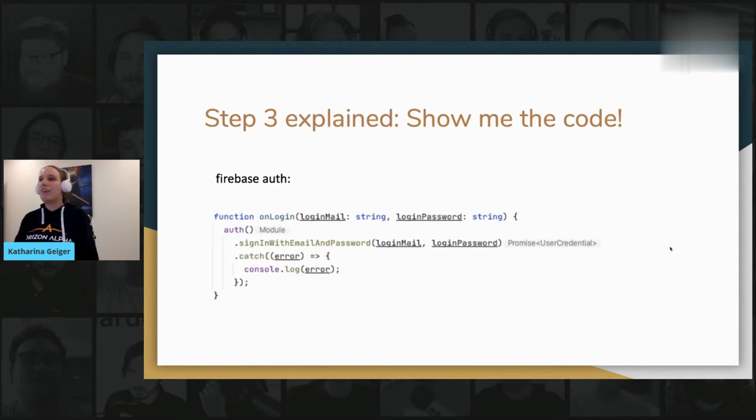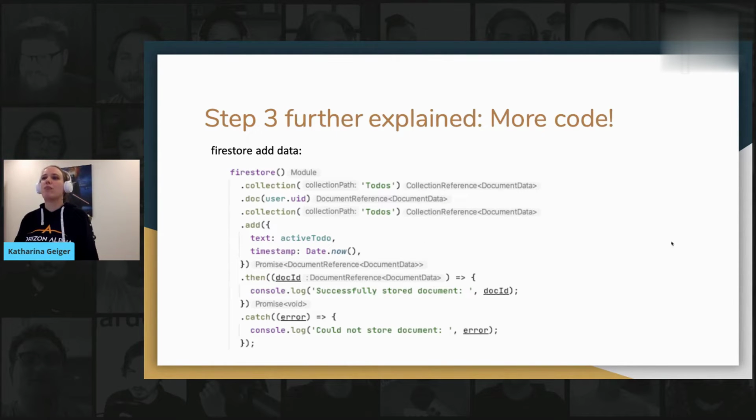Okay, the other code snippet I want to show you is about the Firestore. For example, you can add data to the Firestore using the Firestore library, which of course you have to import. You have to tell this module the name of the collection that you want to add something to, then the name of the document, which, as you might remember, was the user ID of the user that is logged in, and then the name of the collection beneath this document.